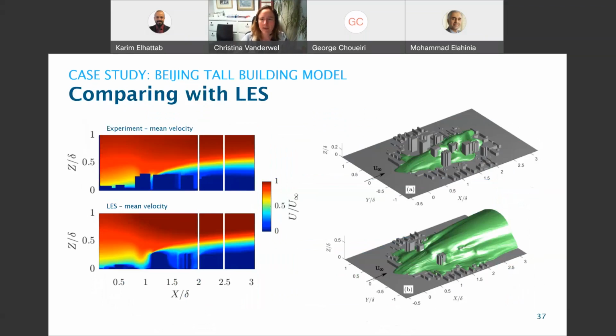Well, we were able to validate the large eddy simulation because our experimental velocity map, which I show here on the top, matches what the large eddy simulation predicts, that the tall building essentially kicks up the wake and is quite a dominant influence on the flow structure. But LES also lets us see all properties of the flow at all positions in space because it's a computer model.